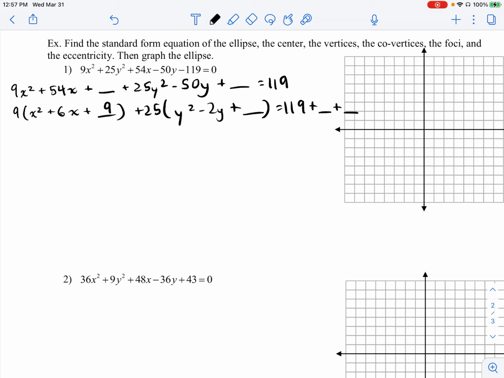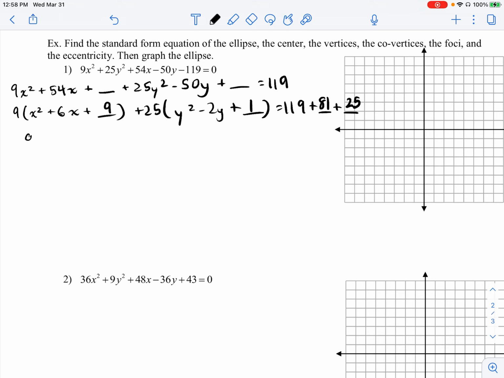However, it's important to note that because we have a factored out coefficient here, in order for us to put 9 there, we're actually adding 81, or 9 times 9, to both sides. Same deal over here. Half of negative 2 is negative 1, but negative 1 squared is 1. So I'm going to then go ahead and put 25 there.